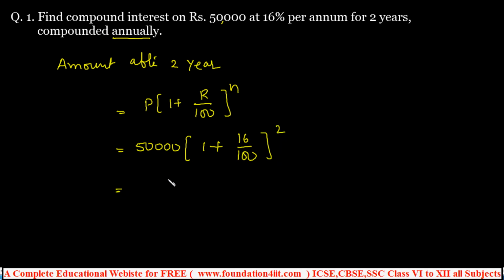Always try to calculate the value within the bracket first, then you can easily simplify. So 50,000 as usual into 1 plus 16 by 100. Simplify this: 4 fours are 16, 4 by 25. 1 plus 4 by 25 is 29 by 25.